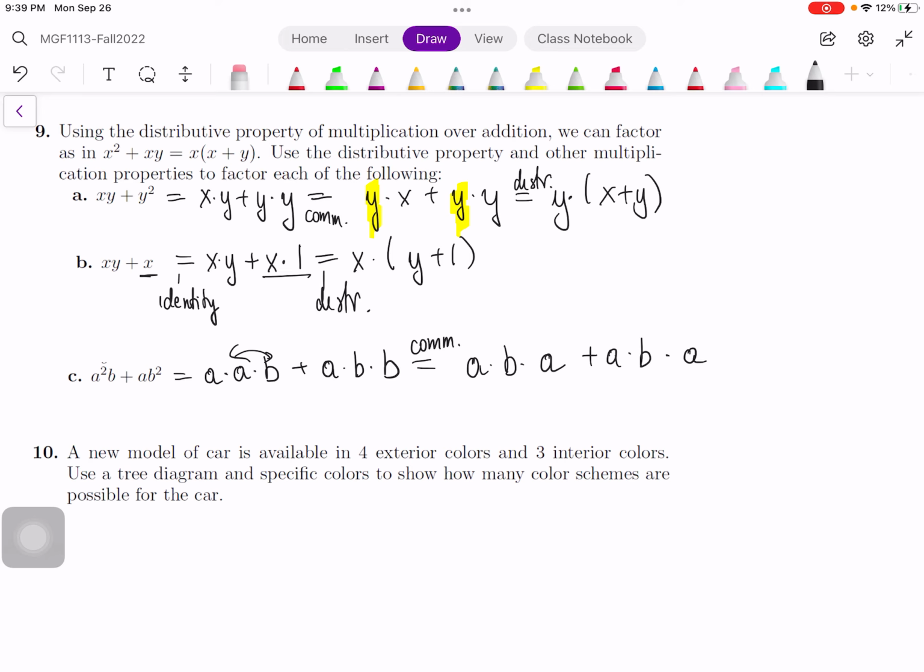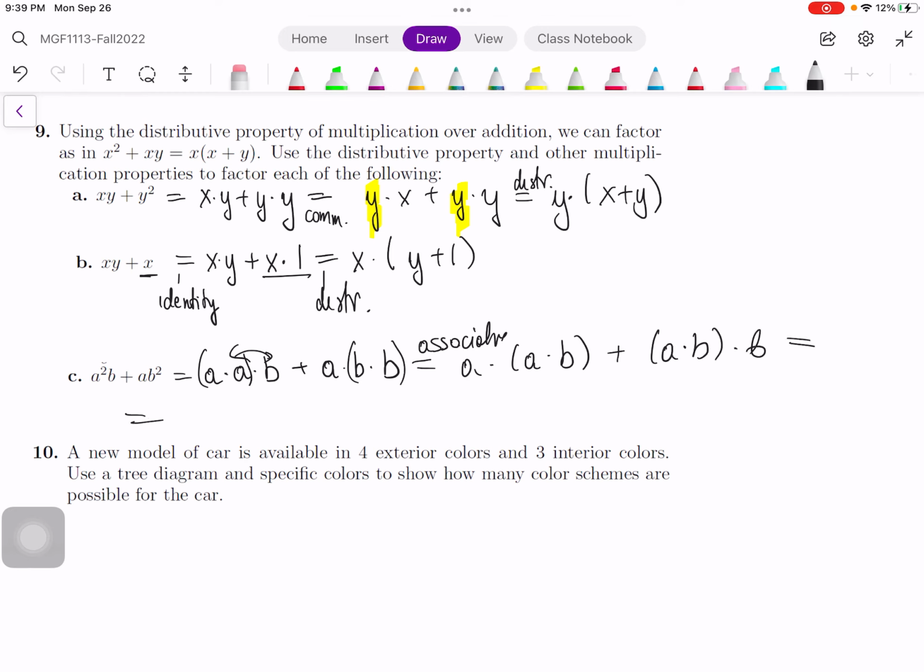Which, by the way, to be very strict, I should first mark it as in the parentheses and then use the associative property. So let's be very strict, because A times A squared is the same as A times A. So before I use commutative, let's use associative, which says, okay, I can pair A with B, and here A with B as well.